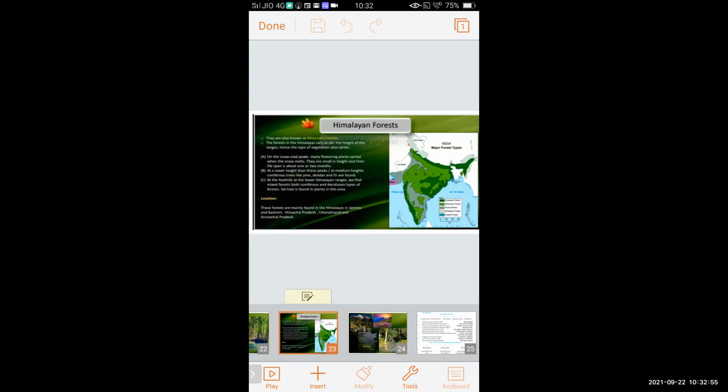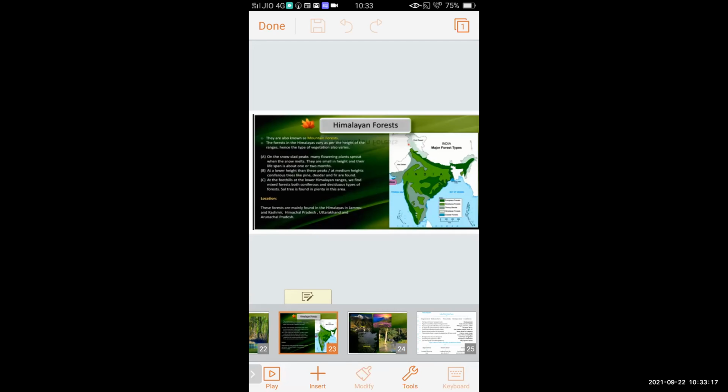So Himalayan forests are also known as mountain forests. The forests in the Himalayas vary as per the height of the ranges, hence the type of vegetation also varies. On the snow-clad peak, many flowering plants sprout when the snow melts. They are small in height and their lifespan is about 1 or 2 months.